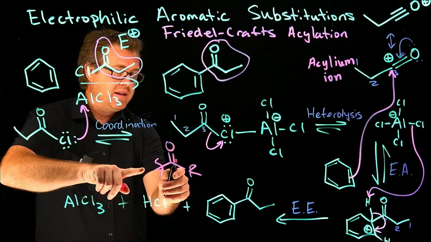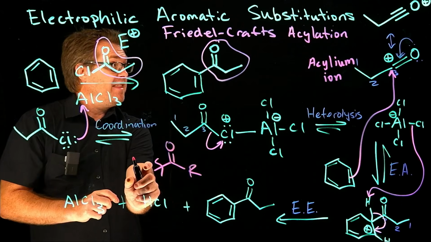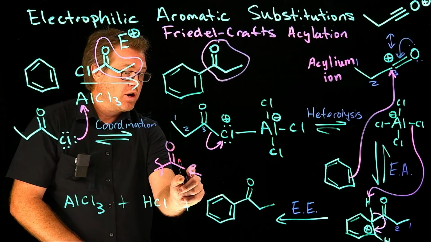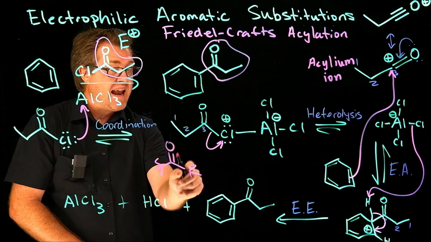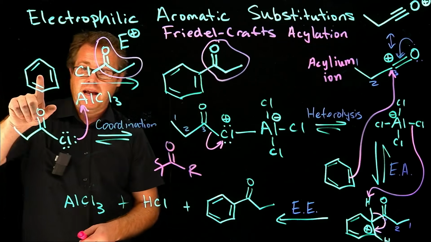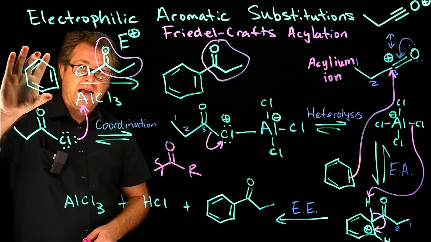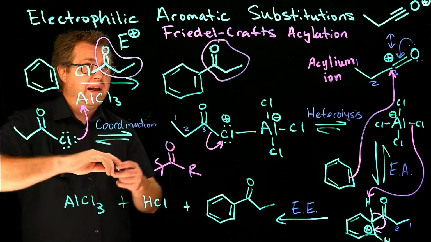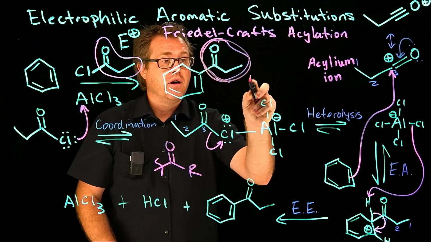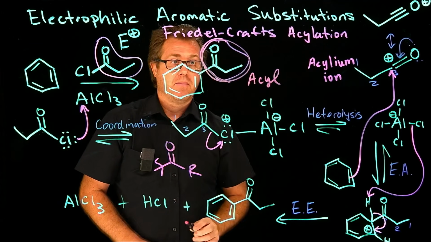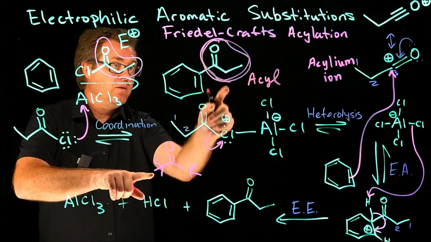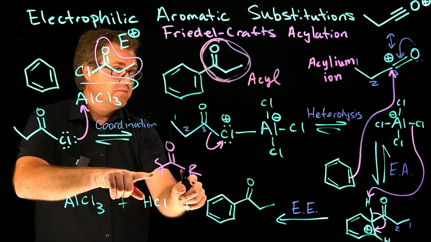It's just when you attach directly to whatever that thing is, a carbon with a double bonded O and then more carbon coming off of it, that's an acyl group. And so with respect to the benzene ring, it is just a benzene ring, but what have we added to it? That group, and that group we could call an acyl group because it matches the formula here. Double bonded O with an R group.